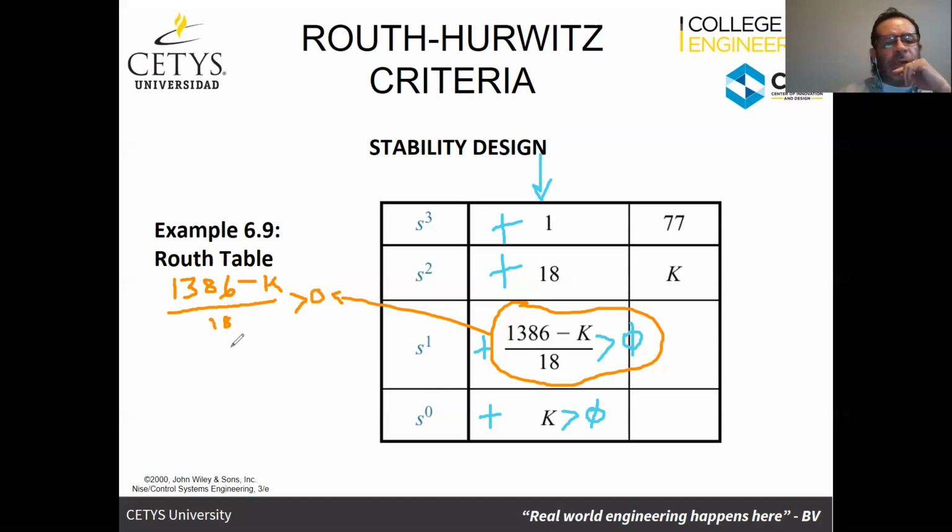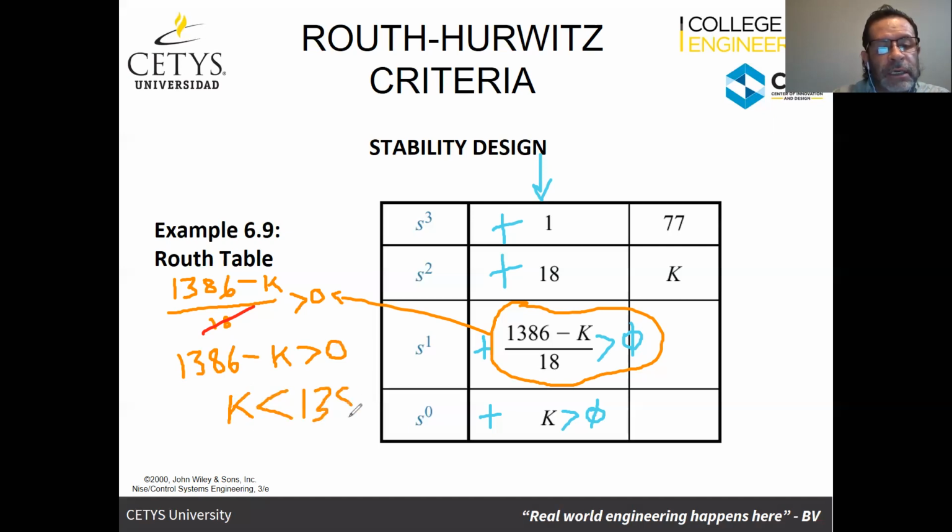We can just solve that inequality. The 18 is going to be eliminated, and we're going to have 1,386 minus k larger than 0. I can just send the k to the other side, and this would mean that for this one, k would have to be smaller than 1386.